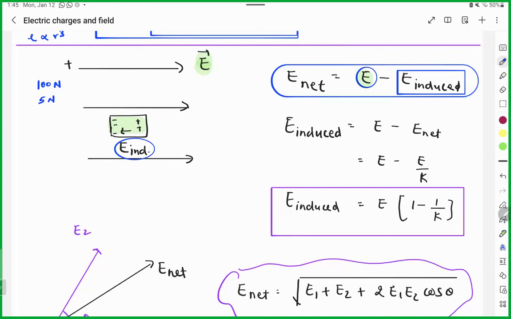Yes, sir. So E induced we can calculate using same formula. And how to calculate E net? It depends upon the E, also dielectric constant. K is dielectric constant. It means medium. It will depend upon the medium. And K is the property of this material, whatever you kept here.